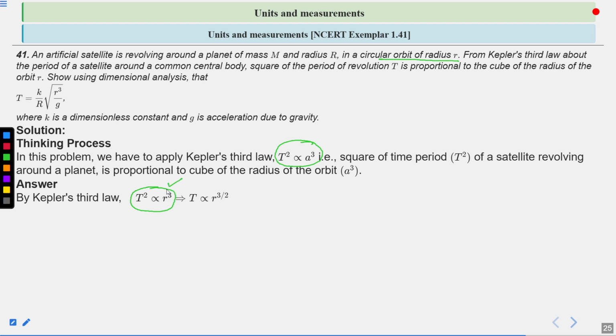Now what will be the value of T? So T is directly proportional to R raised to the power 3 by 2. So we know that T is a function of R and G according to the question. Capital R is the radius of planet and small r is the radius of orbit. It is a function of radius of planet and acceleration due to gravity.